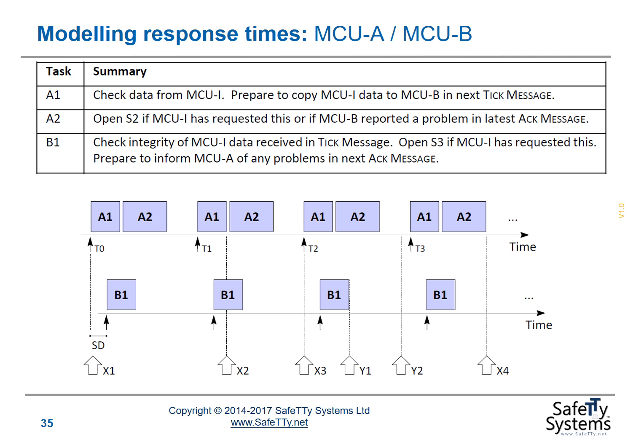Task A2 is designed to open S2 if MCU-I has requested this or if MCU-B reported a problem in the latest acknowledgement message. Task B1 is designed to check the integrity of the MCU data received in the tick message via MCU-A. This task will also open switch 3 if MCU-I has requested this and the message integrity is confirmed. So this task will finally prepare to inform MCU-A of any problems in the next acknowledgement message.